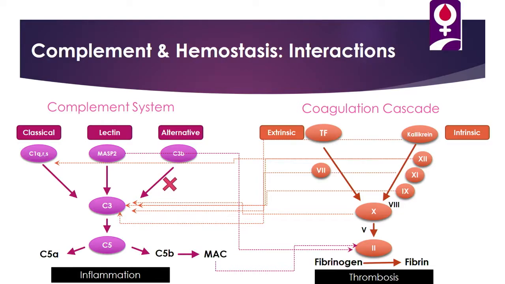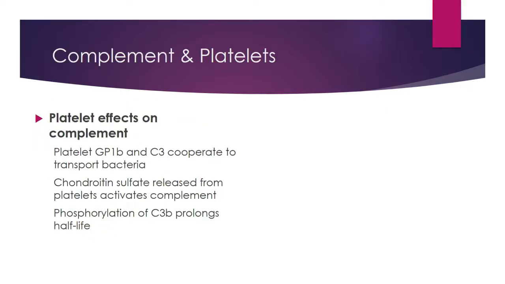And then you have a number of interactions between the two systems where you have mediators on the coagulation side that can activate the complement system, and then you have complement enzymes or effectors that activate the coagulation system. I'm not going to talk about all of these interactions, but these are being recognized increasingly more and more as tools and techniques and interests have evolved in these two systems.